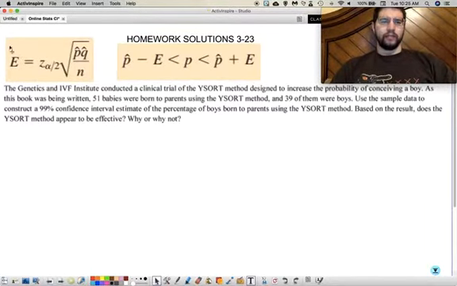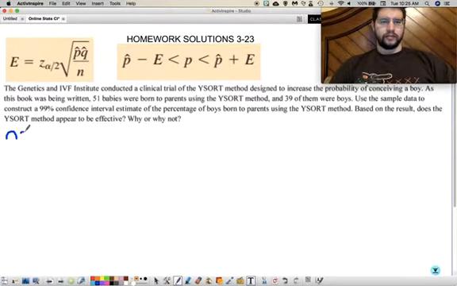First, we're going to have to find the margin of error, and then add and subtract it to our p-hat. So first, let's write down what p-hat is and all of our other variables. So n, we have 51 babies. And then p-hat would be 39 out of those 51.